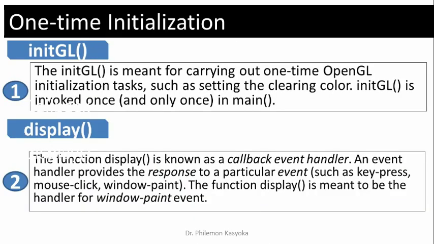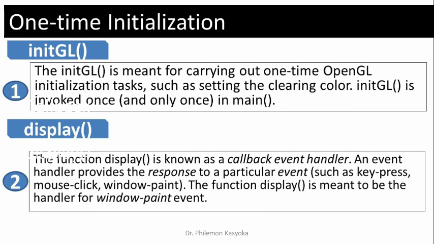Now, when we are writing a program using OpenGL, there will be one-time initializations. There are some functions that you're going to write just once, and that is it. You do not have to write them again. Most of these will fall under the main function, because we are writing OpenGL code within the IDE for either C or C++.